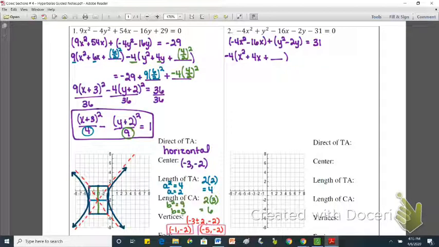So on the next one, I'm going to put a plus sign, nothing to factor out, so it's just y squared minus 2y plus blank. And that all equals 31 with 2 blanks.